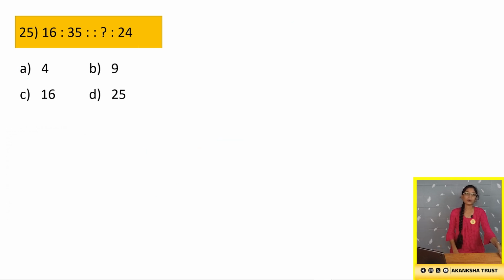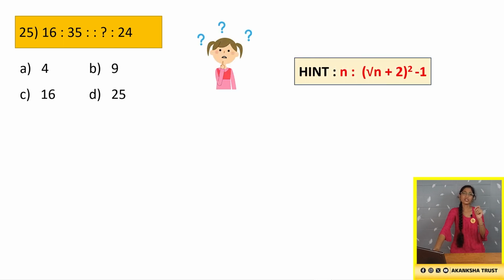Moving to the 25th question. The question set is like this: 16 and 35, question mark and 24. Let's find the relation between these first two numbers. So the hint, or the relation formula, is like this. Consider the first number as n. Then take the square root of that number, add 2 to that, then square it, then subtract 1.